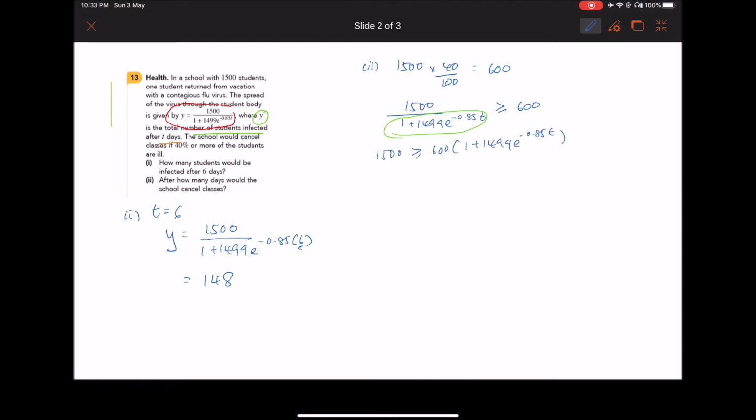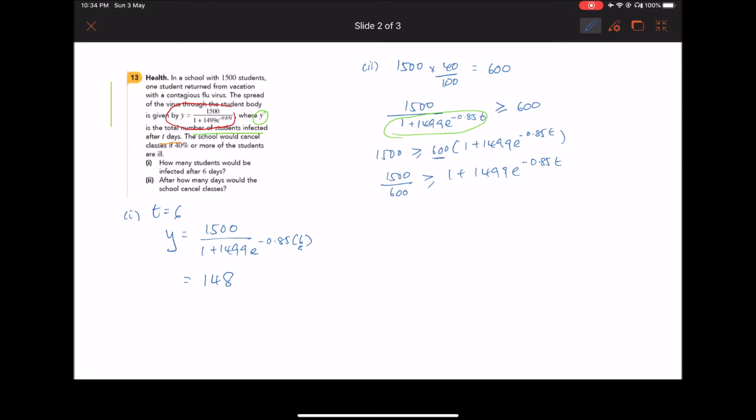All right. Then let me get rid of this one here by dividing both sides by it. So I will just straight away write down that we have 1500 divided by 600 on one side, and 1 plus 1499 e to the power negative 0.85 t on the other. From here, we are going to get rid of this one.